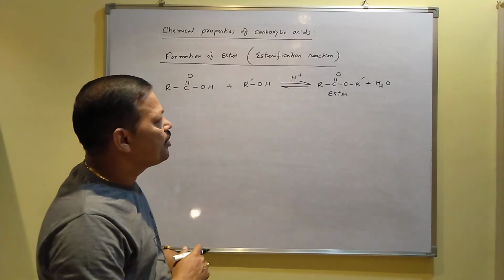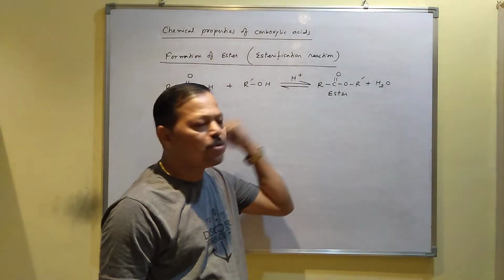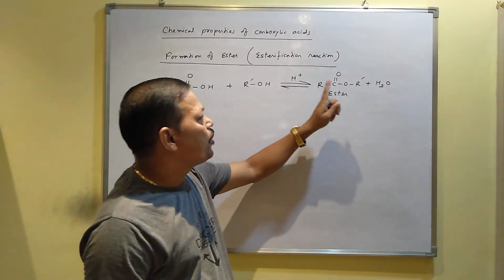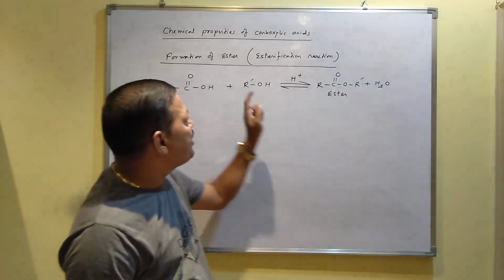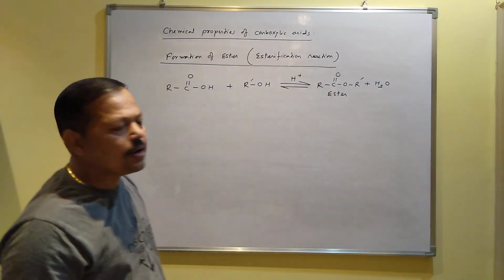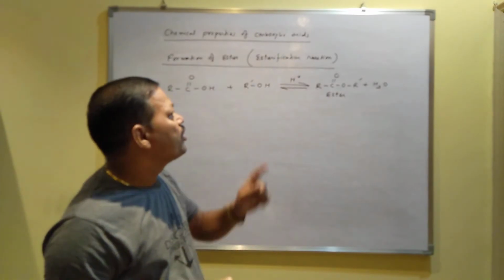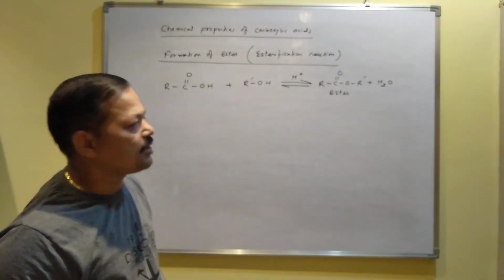This reaction is reversible. You can do the reaction in the backward direction also. When ester reacts with water, again it can produce carboxylic acid and alcohol. That is why one question asked here is, what is the name of the reverse reaction of esterification?